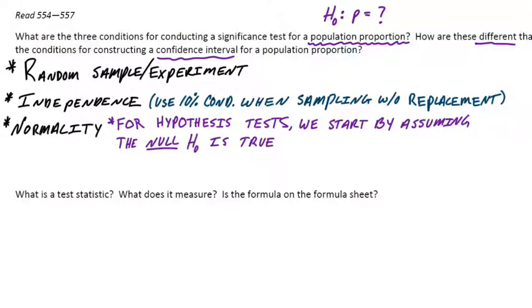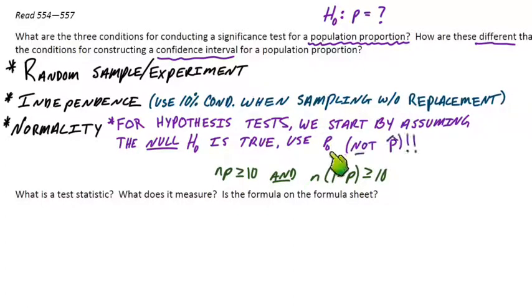So if you remember the normality condition from before, it was n p hat, n(1 minus p hat). Well, if we're assuming that the null is true, we're actually not going to use p hat in this case. We're going to use, we'll call it p naught, p with little subscript 0, not p hat. So p naught refers to the p, the proportion from the null hypothesis here. So we're going to use n p naught and n(1 minus p naught).